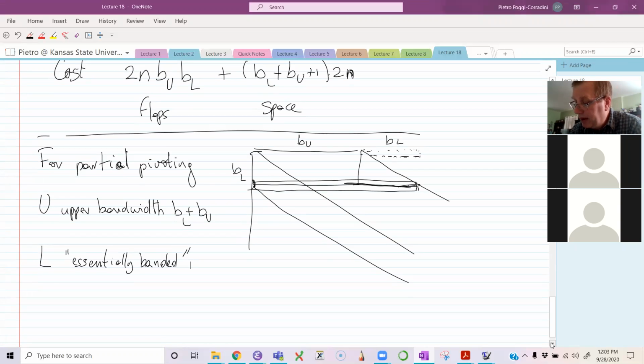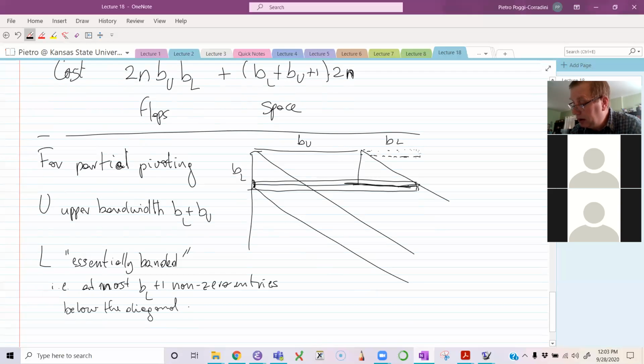So this means at most BL plus 1 non-zero entries in each column. That makes sense?